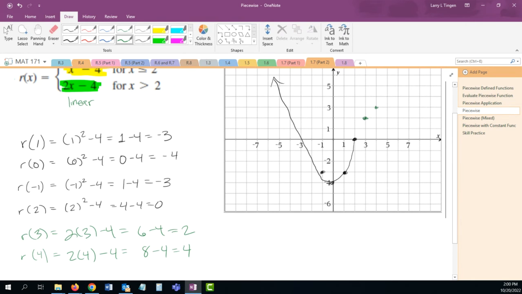Now, where did I start paying attention to this equation? I started when x is greater than 2. So here's the tough part to remember about this problem.